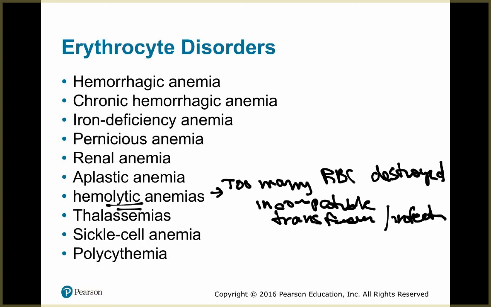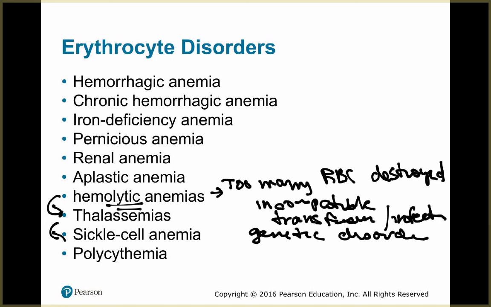A lot of times, this can happen due to genetic disorders, and this can result in both thalassemia and sickle cell anemia.